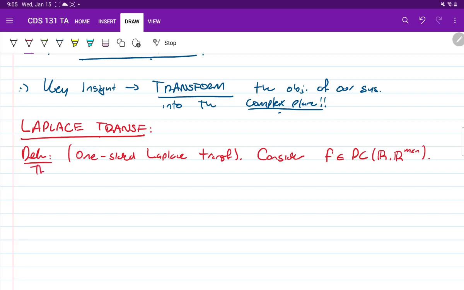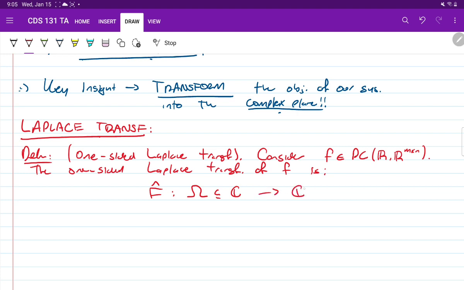So the one-sided Laplace transform of f is the function f hat, which is now on a subset omega of the complex plane, and it maps into C m by n.